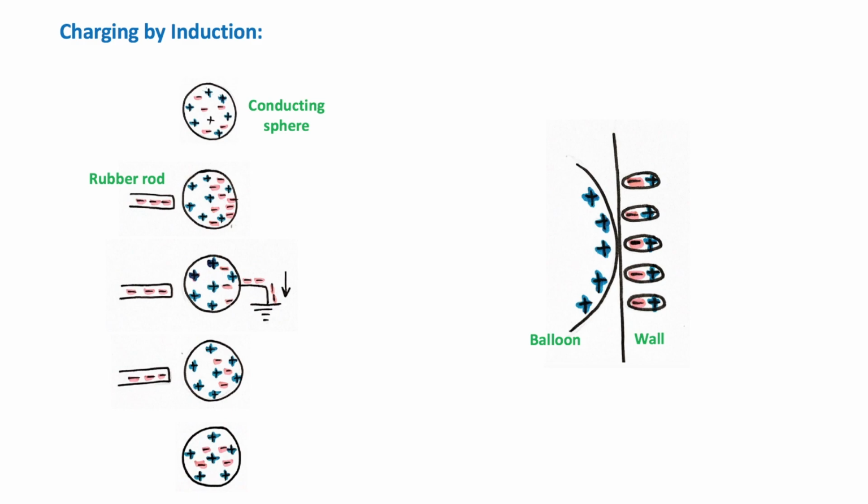So, in most neutral atoms and molecules, the center of the positive charge and the center of the negative charge coincide. So, suppose we have here an atom, the center of the positive nucleus and the center of the electron cloud coincide. And so the atom or the molecule is said to be unpolarized, okay?